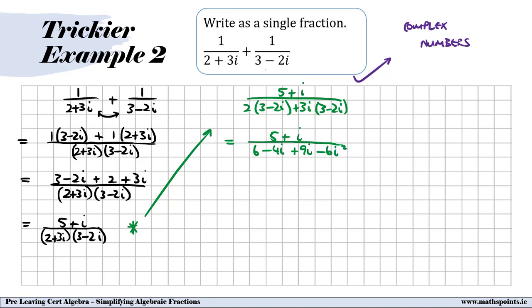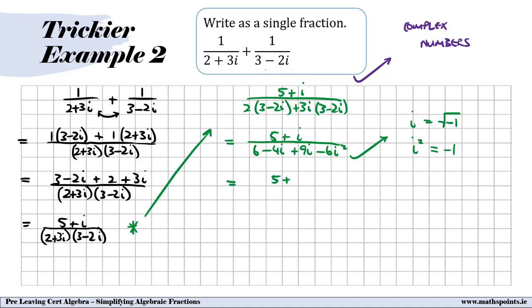So this is where the question differs from just a normal algebra question. So i isn't really just a normal variable. i is the number square root of minus 1, so it's an imaginary number, and i squared is minus 1. And so what I'm going to do, if I ever see i squared at leaving cert level, I replace it with minus 1. So let's proceed a bit further.